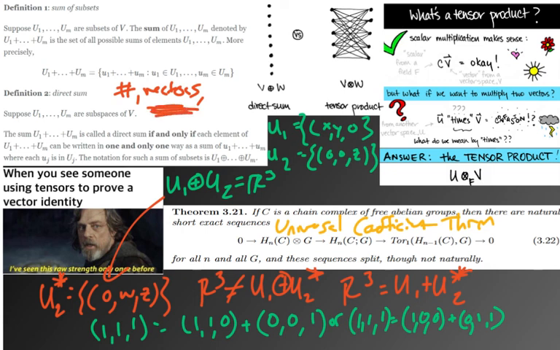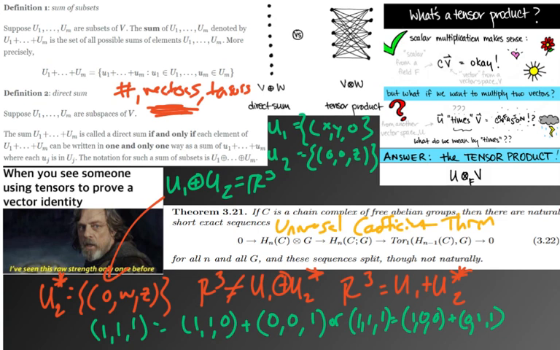But then the next level up is tensors. You might ask, is there more? I'm not going to get into that right now, but tensors are the next level of abstraction past vectors. So if someone uses tensors to prove a vector identity, it's like raw strength, because it technically works: all tensors of a certain order are vectors. If you prove vector properties for that order on the tensor, then you've proven a vector property.